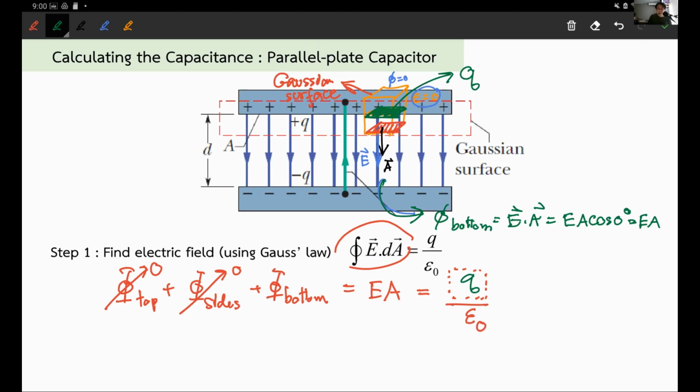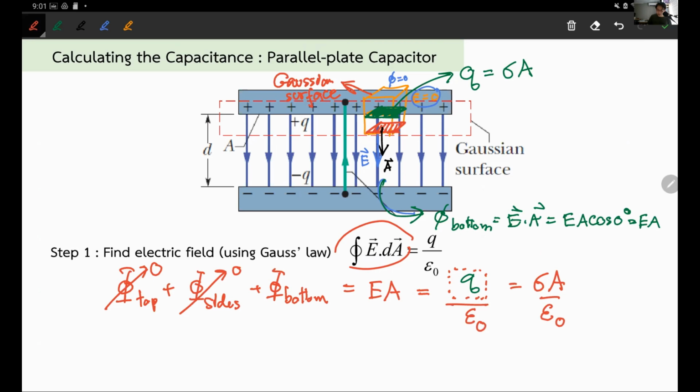However, from last time, we can define the density of the charge. If the area of that green surface is A, I can put the charge density, which is the charge per area, multiplied by A, to make it cleaner. So I can write this as sigma A over epsilon naught.